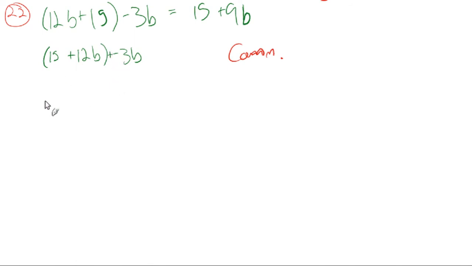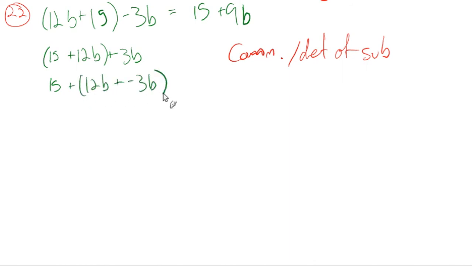I'm just going to throw that in there. We could put slash definition of subtraction. Okay. And then do 15 plus 12b plus negative 3b. All right, so that was the associative property. So that's great.